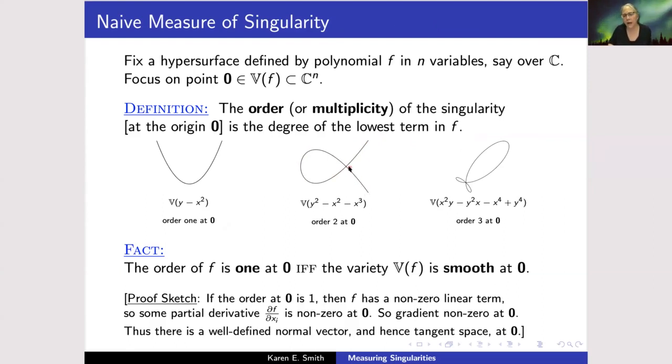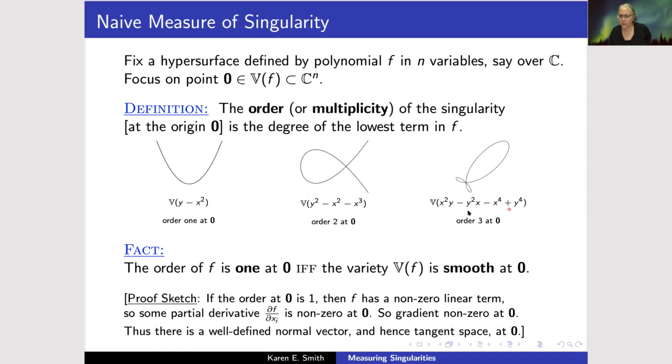But for example, at this point of this alpha curve, the polynomial is vanishing to a higher order. The order of vanishing of a polynomial is simply the degree of the lowest degree term appearing in it. So for this polynomial, we've got two terms of degree 2 and one term of degree 3. The lowest order part here is all degree 2, so this is an order 2 singularity.